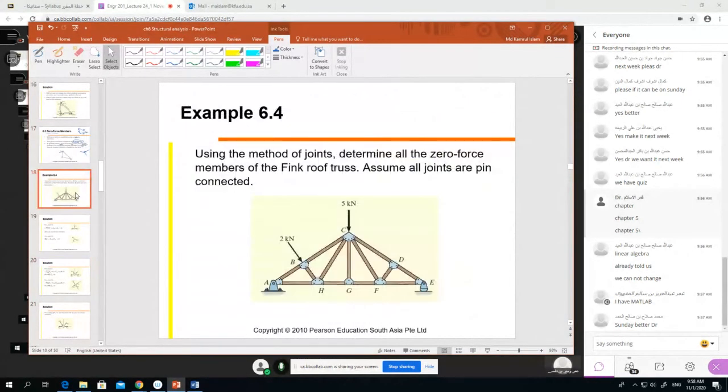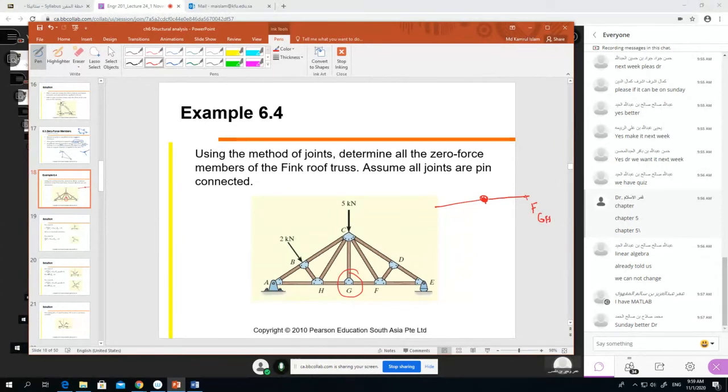As an example, this is a truss. Just as an example, take joint G. Suppose this is joint G, and we have GH.